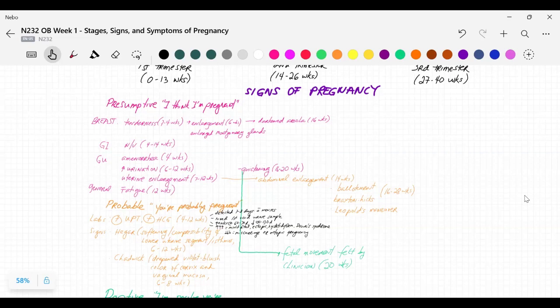It starts maybe every 30 minutes, and then every 20 minutes, every 10 minutes, until it's every 2 to 3 minutes. That means you're ready to go. With Braxton Hicks, you feel it now, and then maybe tomorrow, and then maybe 2 hours later. Yeah, very inconsistent. Any more questions? Okay, cool.